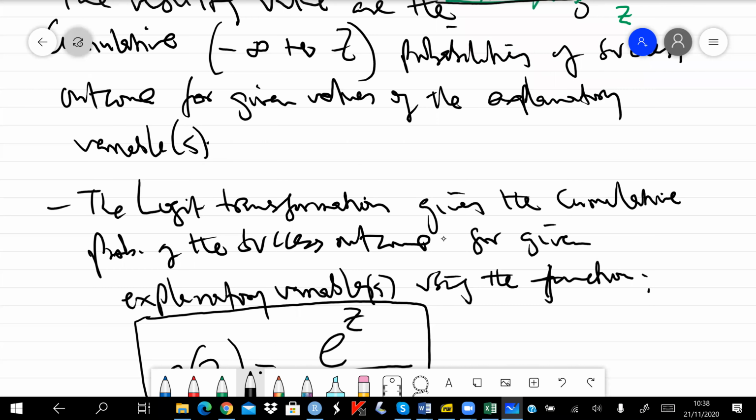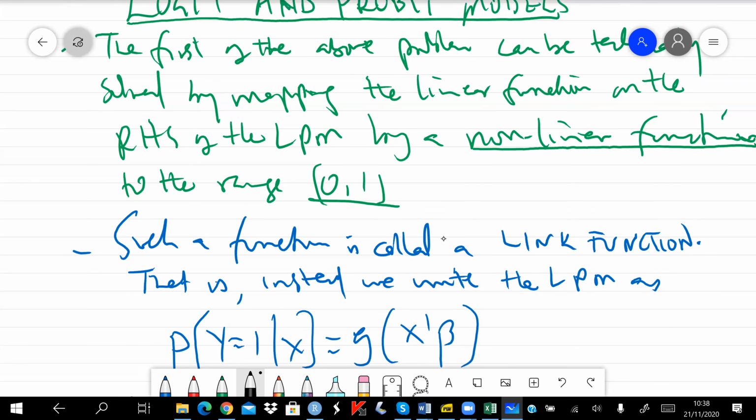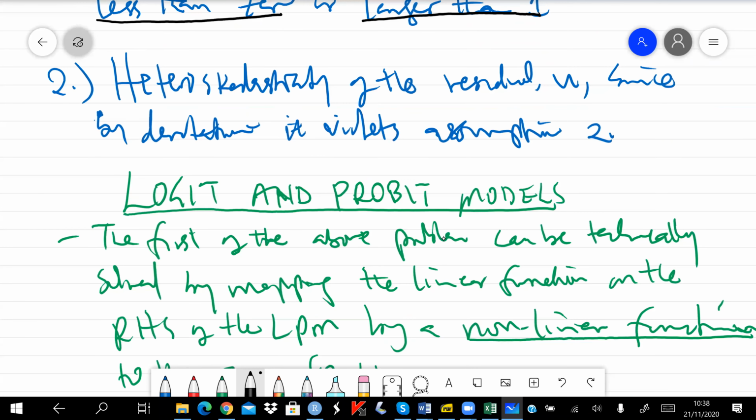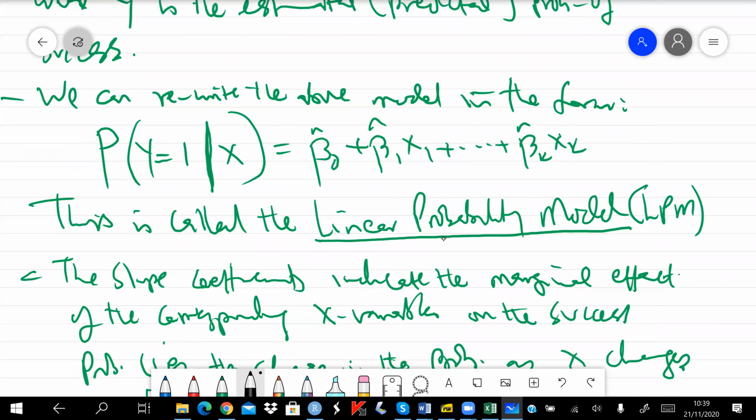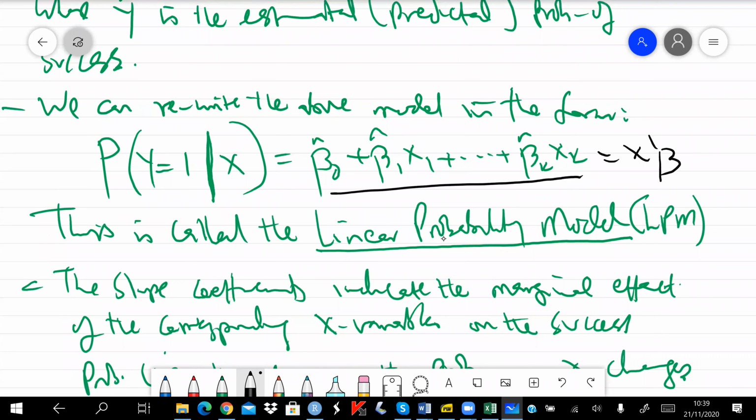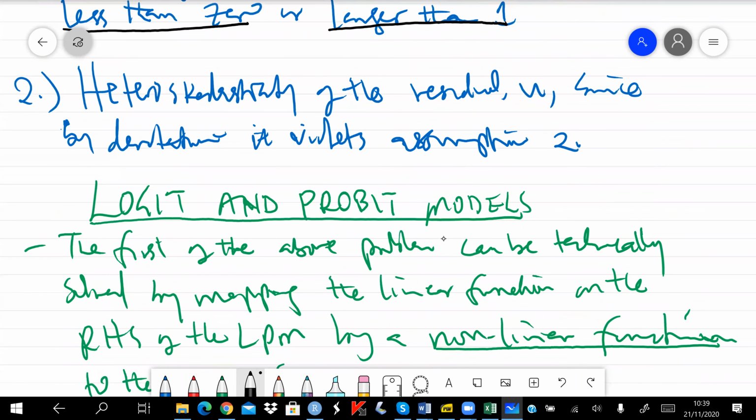Let me see if we still have it up there. Yeah, this is the right-hand side, what we are calling in short matrix format. So the same thing.